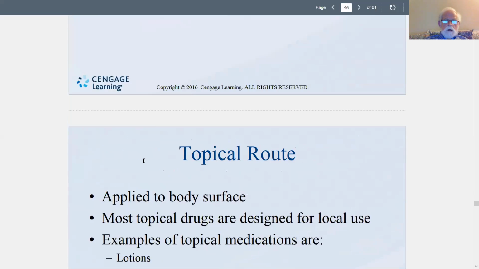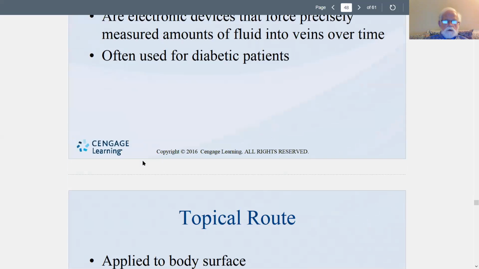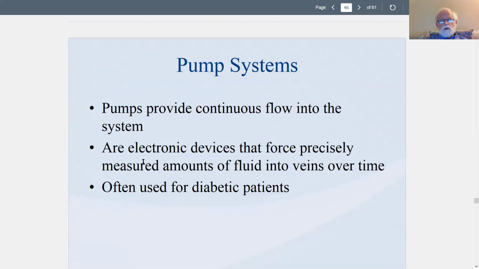We have pumps. I don't have pictures here, but you've probably seen them in the facility you work in. Pumps are often used to give what we call continuous infusions. They can be used to force very carefully measured amounts into veins over time.